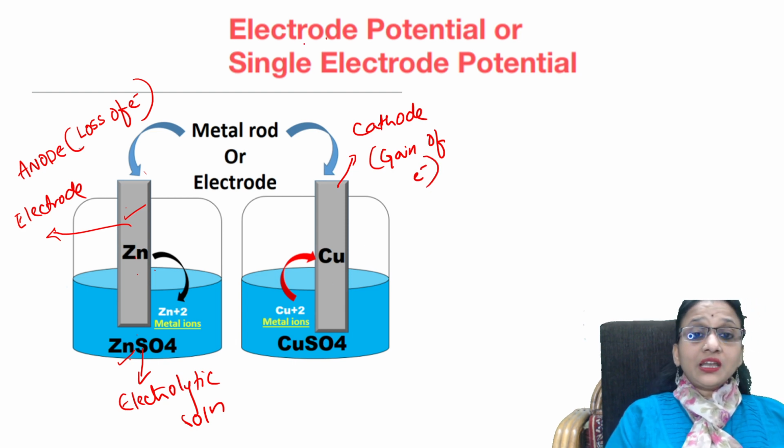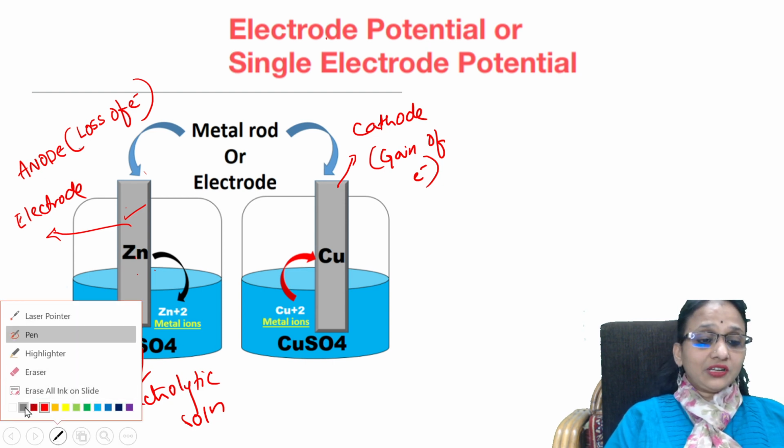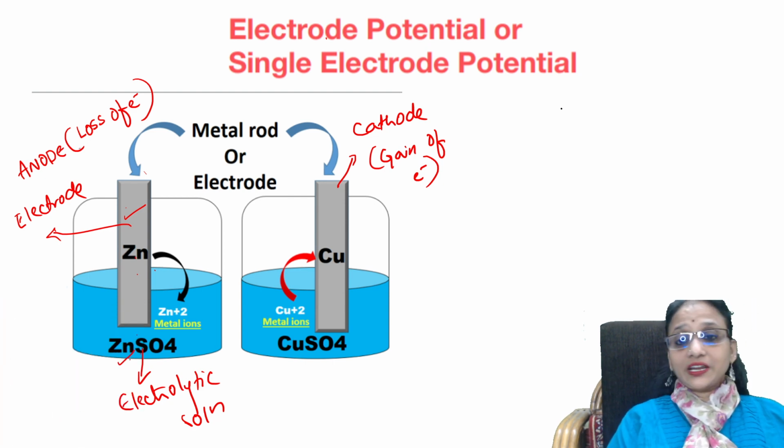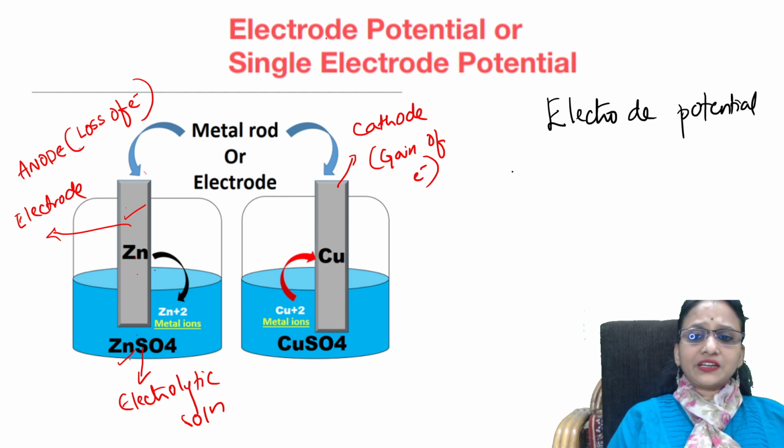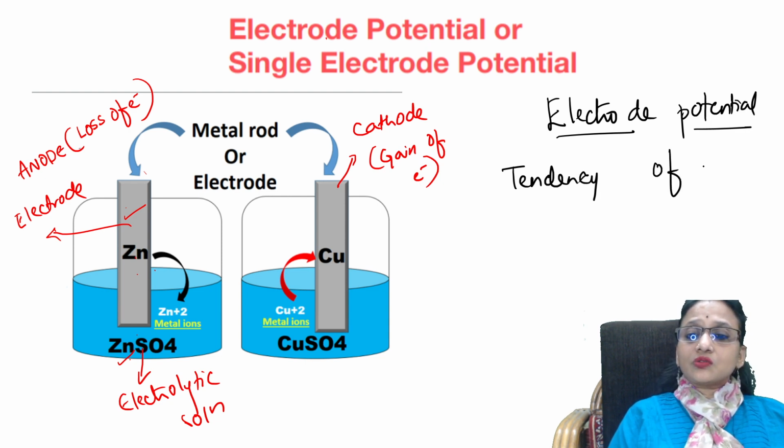Now, if I have to define electrode potential, let me take a different pen. Yes, black is nice. Electrode potential, if I simply define it, is a tendency. What is the tendency, students? The tendency of an electrode means what is the property of the electrode?